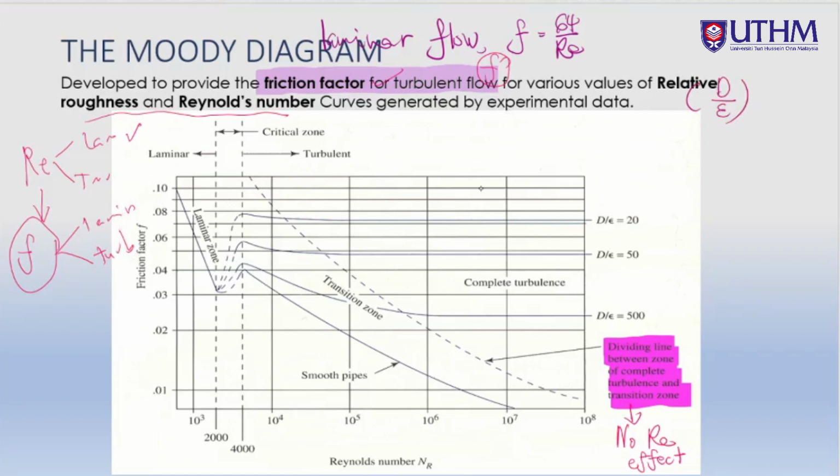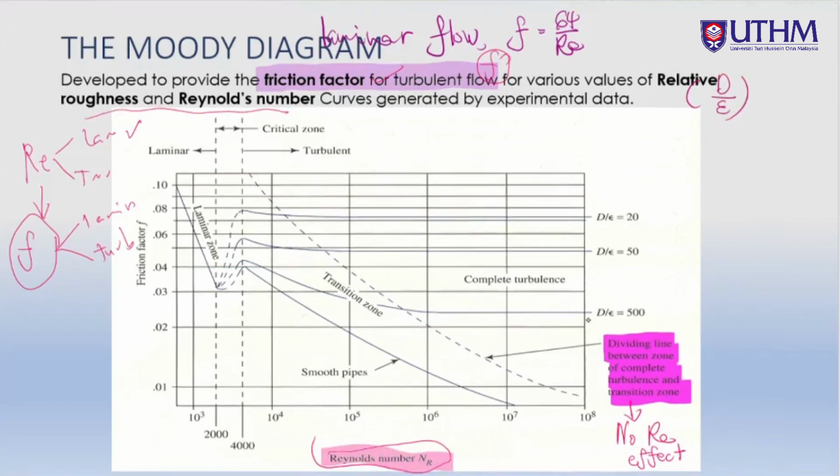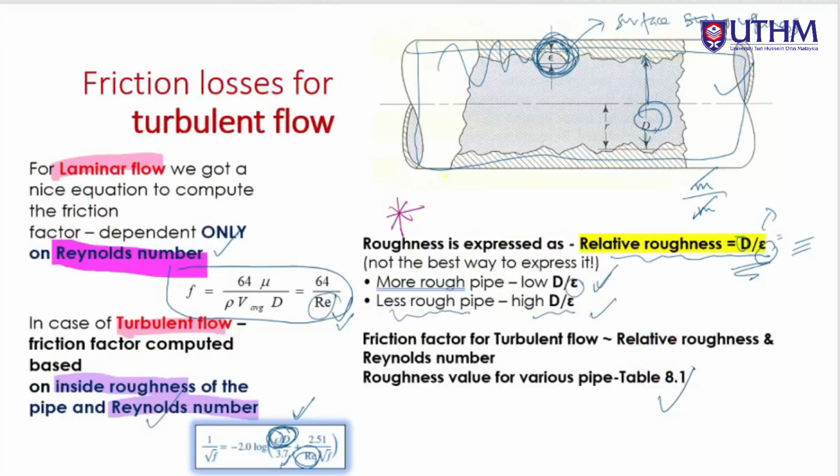Okay, so kalau kita tengok dekat graf ni, untuk Moody diagram, x-axis kita ada Reynolds number. Okay, and then the y-axis on the right hand side kita ada d over epsilon. Kan? What is d over epsilon? D over epsilon yang tadi saya introduce kan. Sekejap saya tunjuk balik. D over epsilon is the relative roughness.